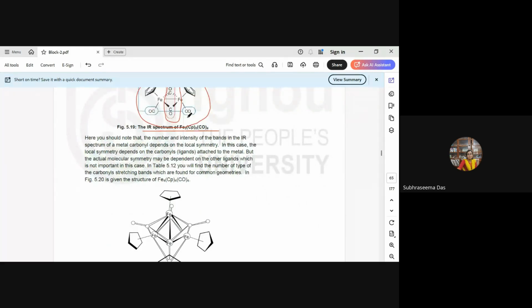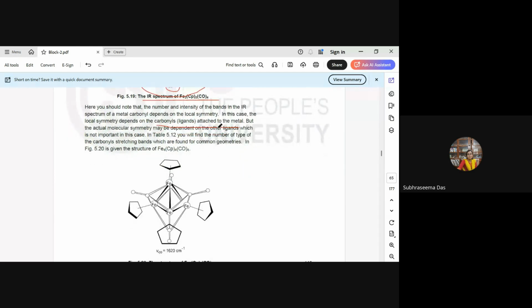So here we should always note that the number and intensity of the bands in the IR spectrum depend upon the symmetry of the transition metal complex that we are dealing with. So how do we know about the symmetry of the transition metal carbonyl? Here we will first find out the number of carbonyl groups that are attached to the metal, but the actual molecular symmetry may depend on other ligands, which is not important.